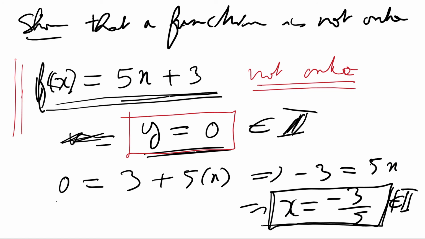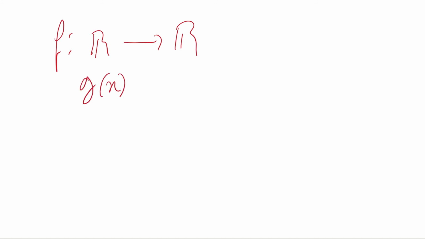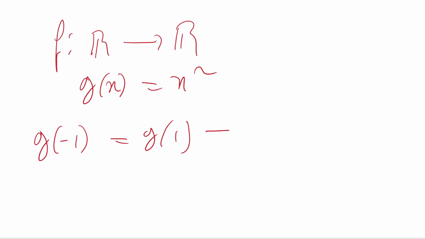You find a counterexample. And for a counterexample also, if you pick the function f from the set of real numbers to the set of real numbers, and you want to show that g of x equal to x squared is not one to one, what you can do is just have g of minus 1 equal to g of 1 equal to 1.